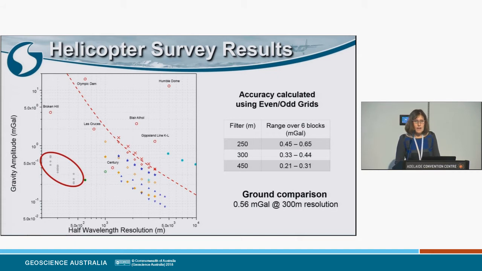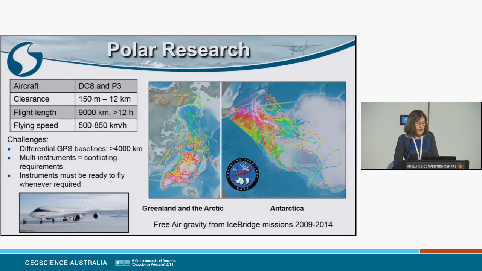So with a filter ranging from 250 meters to 450 meters over all the blocks, the range in accuracy is from about 0.2 to about 0.65 milligal. We also, on one of the blocks, were able to do a comparison to some ground gravity data, coming up with a 0.56 milligal accuracy at 300 meter resolution.